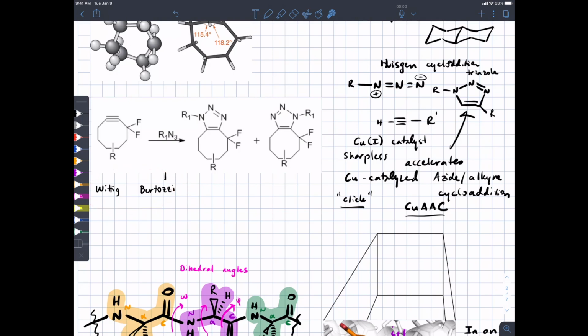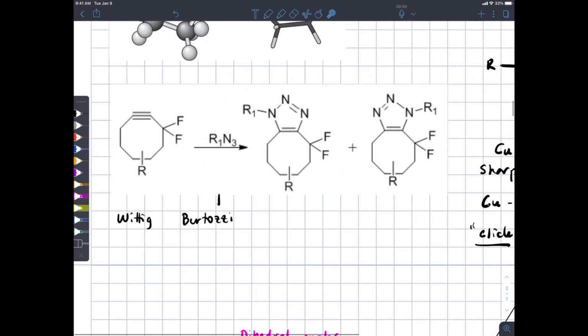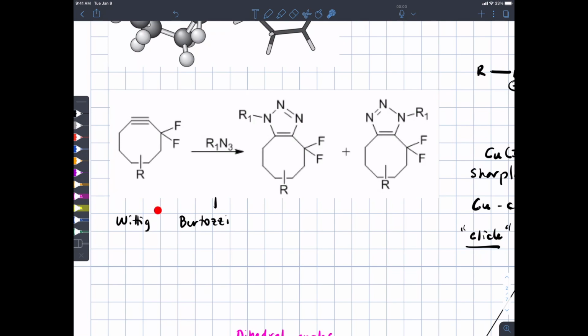Enter Carolyn Bertozzi, based on work by Wittig, made this cyclooctyne ring. Now that's an alkyne in an 8-membered ring. That should be highly strained because the bond angles want to be linear, but they're constrained to be something different from that.